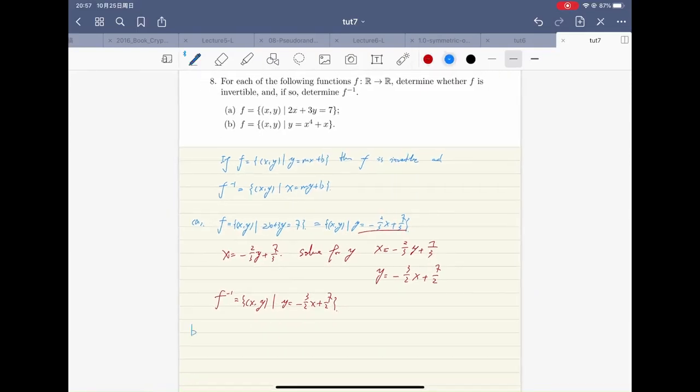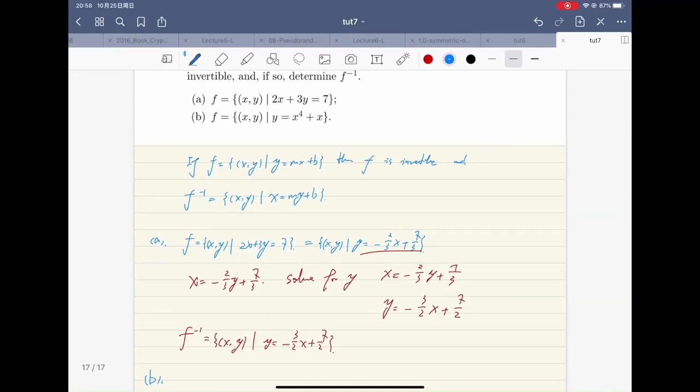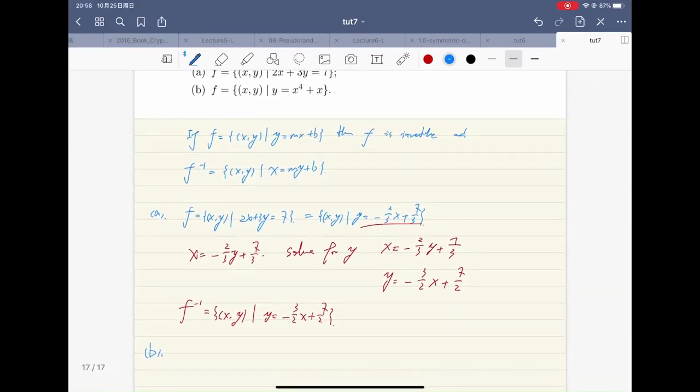So the next one, function b. Similarly, we have to check if the function is a one-to-one function. Is this function a one-to-one function? It's not, right? Why?